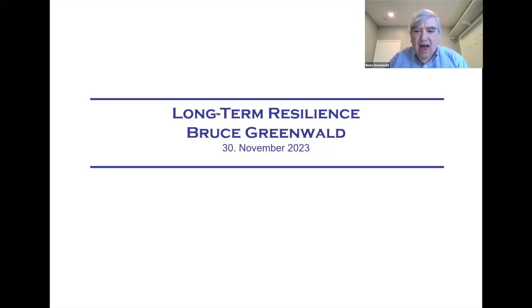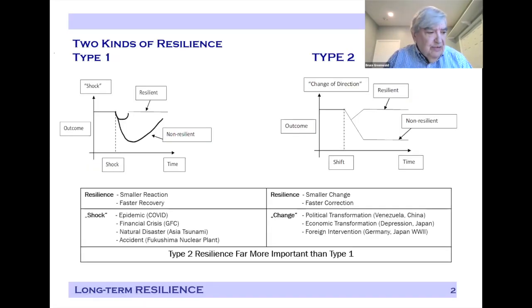Okay, so the first thing is that I do want to talk, with all due deference to Markus, my sense of the resilience discussion so far is that it's really about responses to shocks.